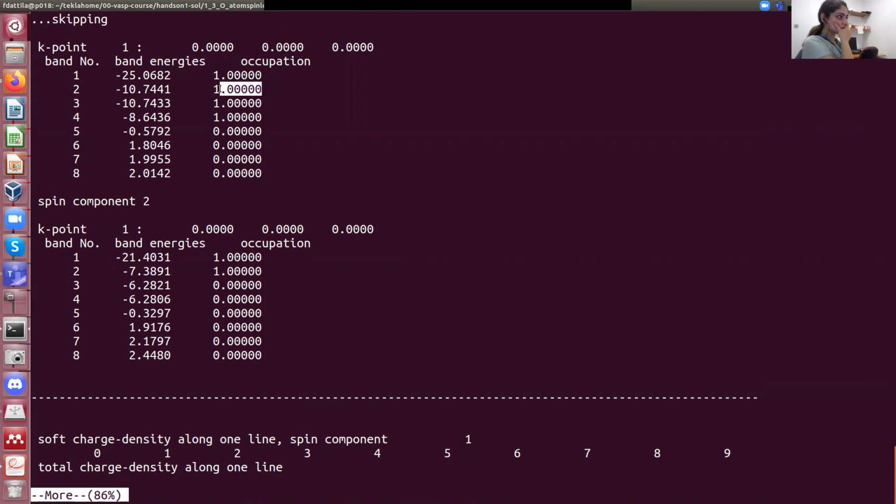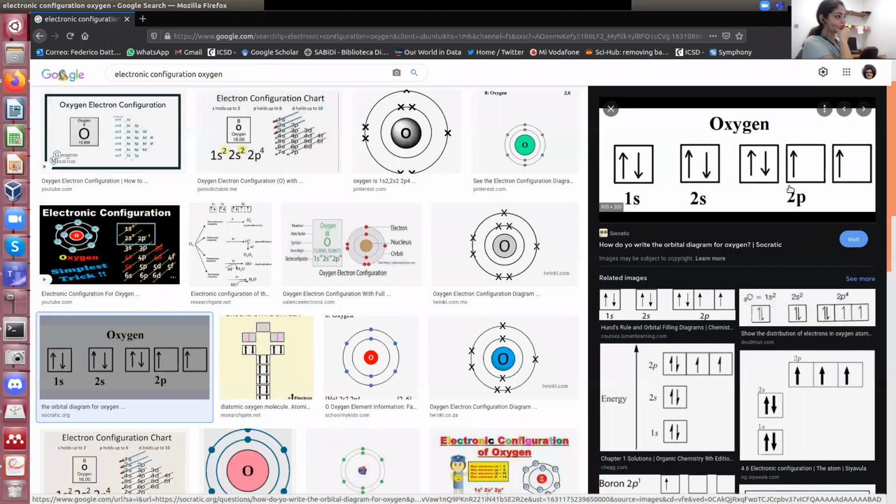The first 2p state now has 2 electrons, this one and this one, while the others are 0, 0. So by breaking the symmetry, we go back to what we would expect from theory and experiment. That is what breaking the symmetry, or having the lowest energy, means: you are reproducing the system properly. Before it was just an artifact, not a good simulation.